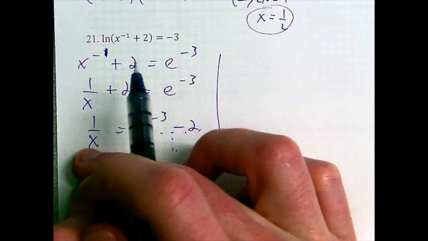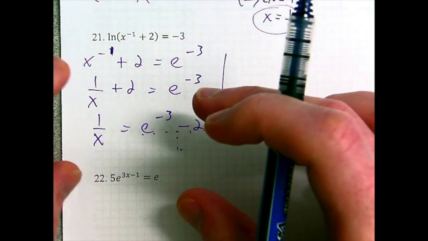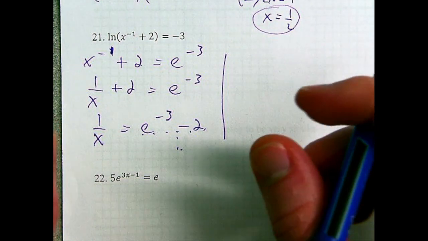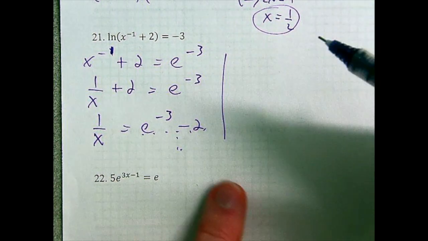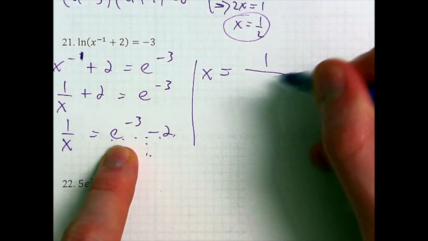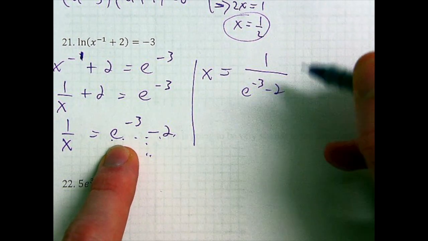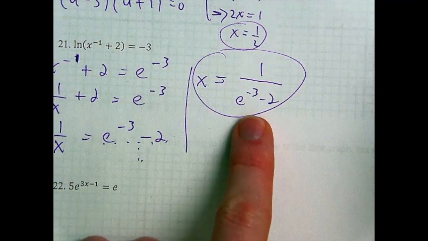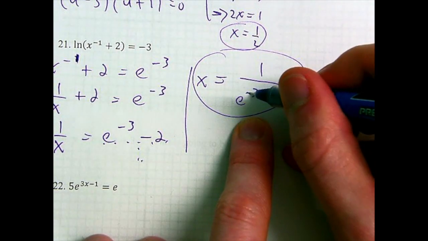If you have one fraction equals another fraction, you are allowed to just flip them both upside down. That's what I'll do. So invert this side, you just get x. Invert this side, you just get 1 over e to the negative 3 minus 2. There are lots of different ways of writing that answer, but I don't really care.